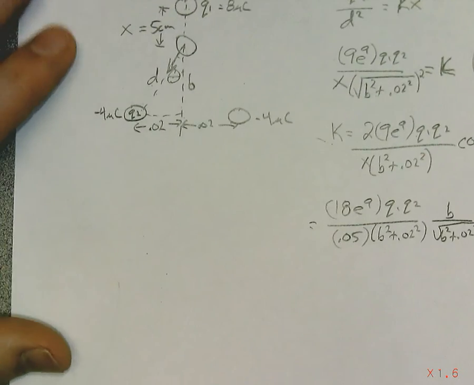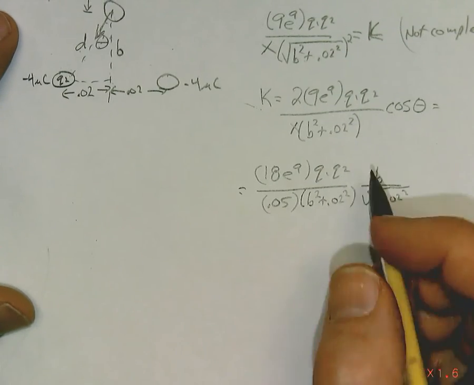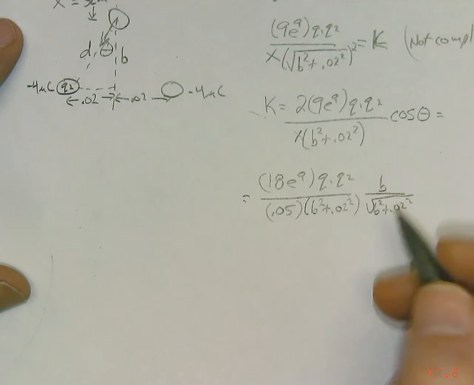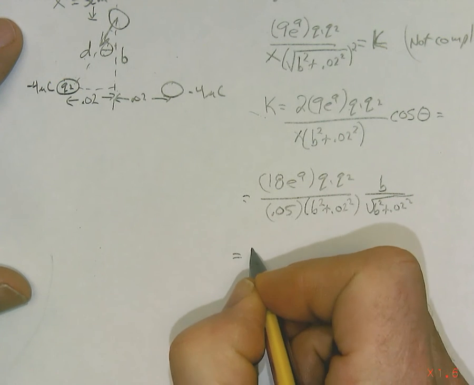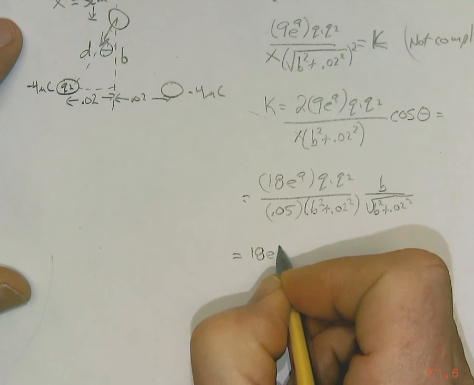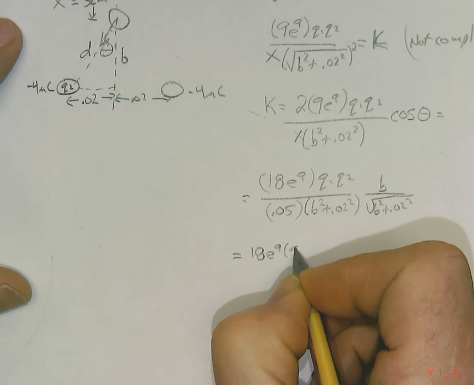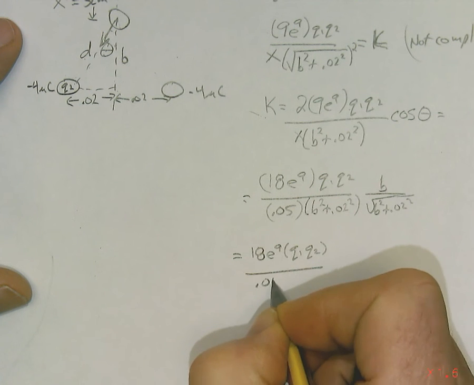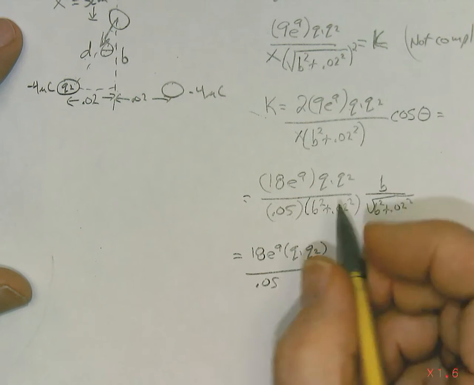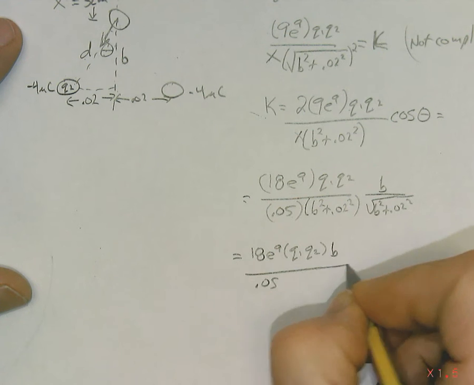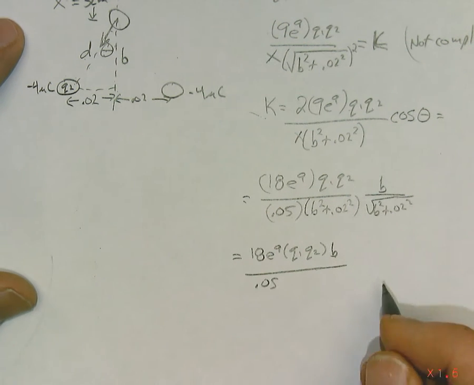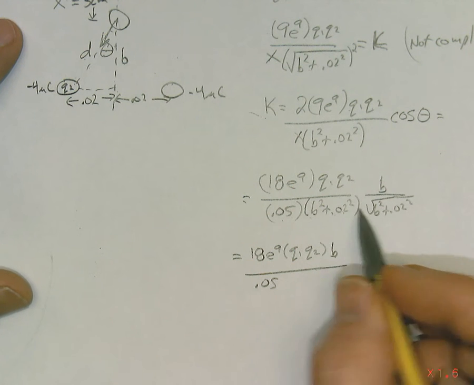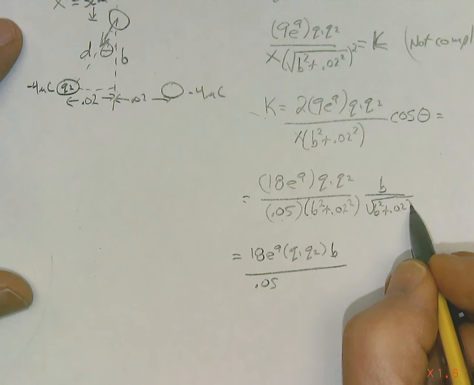Now, let us go ahead and deal with this a little better. So this whole thing is equal to 18e9, q1, q2 over 0.05. Now, put a b up here. There's the b. Bring that down. And 0.05, b squared plus 0.02 squared times the square root of b squared plus 0.02 squared.